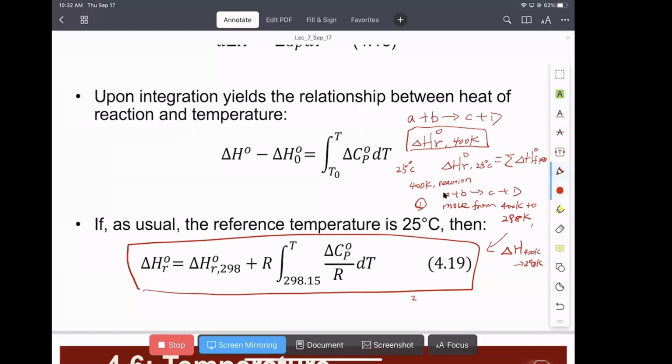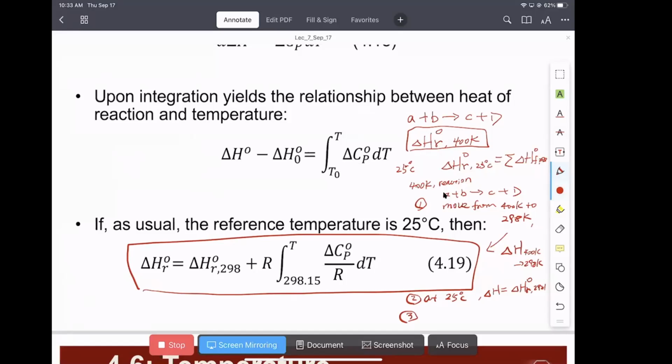Step two, now we are at 25 degrees C. We can calculate the enthalpy change for path 2, which would be simply the delta H of the standard reaction enthalpy at this 298 Kelvin. Step 3, now we still have to move everything back to 400 Kelvin.